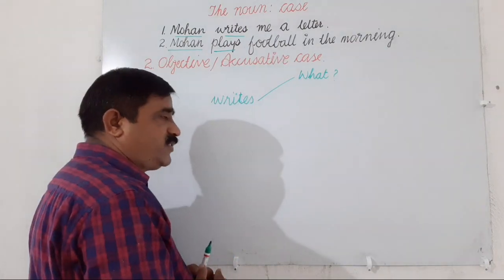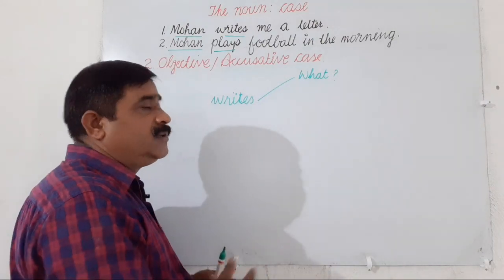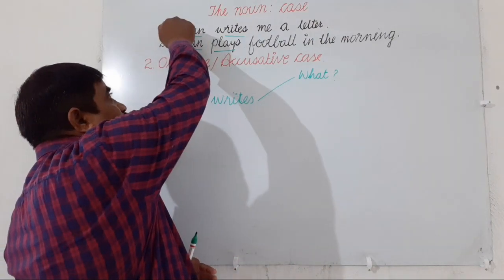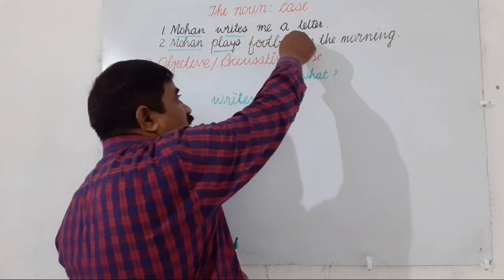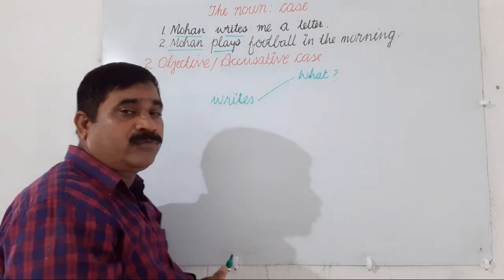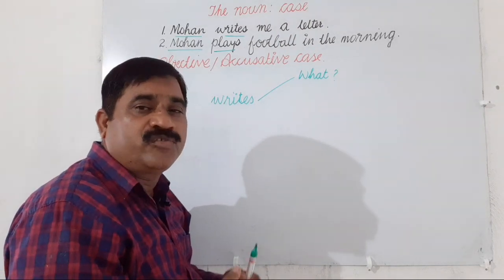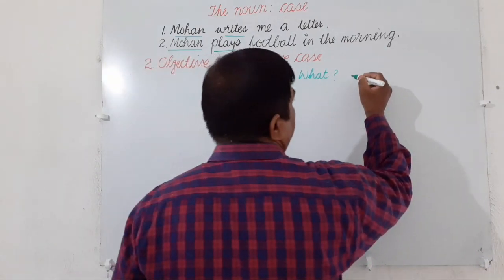Mohan writes what? Answer please. Read out this sentence number 1. Mohan writes me a letter. Mohan writes what? What's your answer? A letter? Absolutely right.